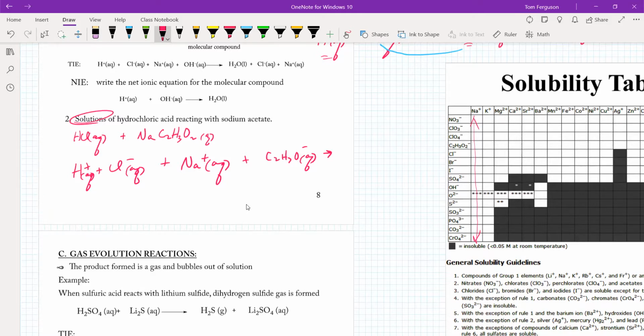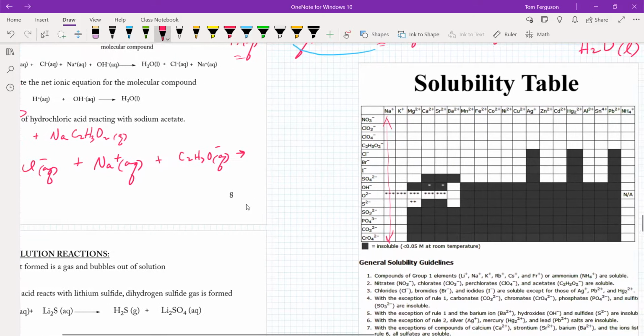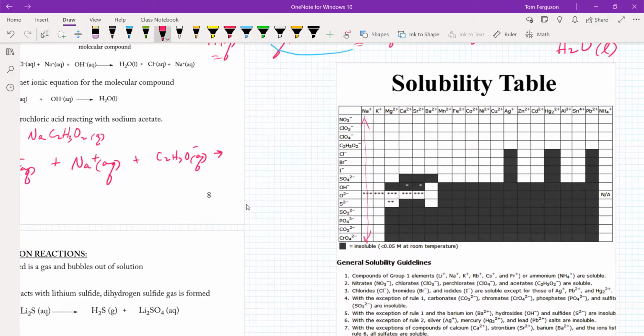So notice here's acetate right here. Notice it's soluble with everything.